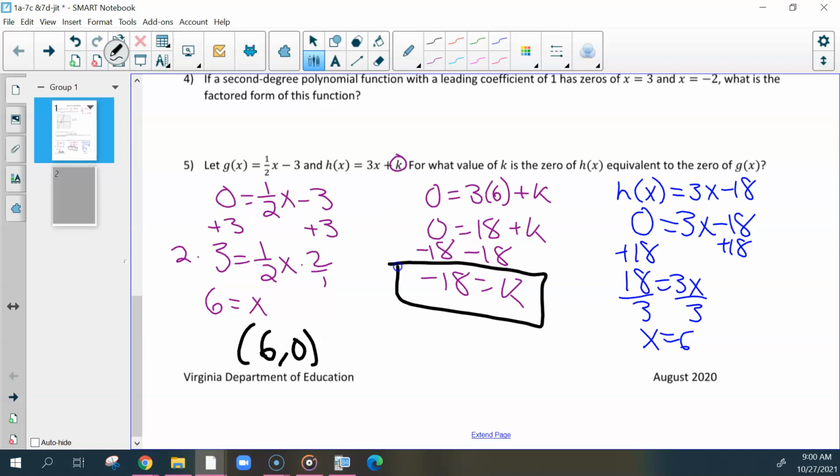The last part in blue is just making sure that works, going back and checking. So if we put negative 18 back in this equation and solve it for an X-intercept, we get that 6. So they both have the same X-intercepts, but our answer that we were looking for is k equals negative 18.